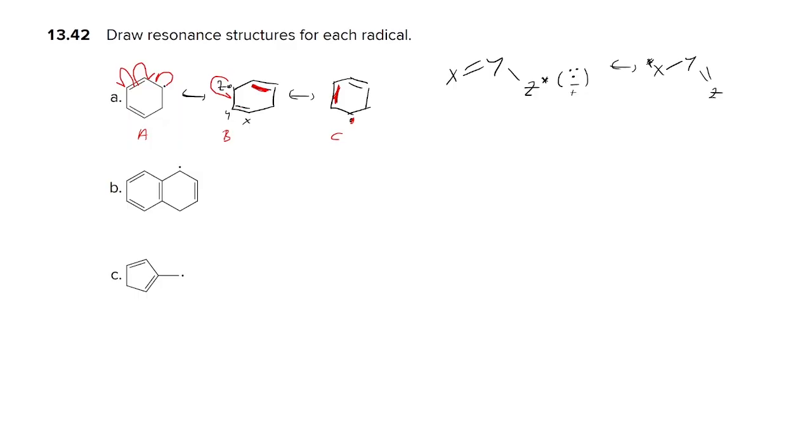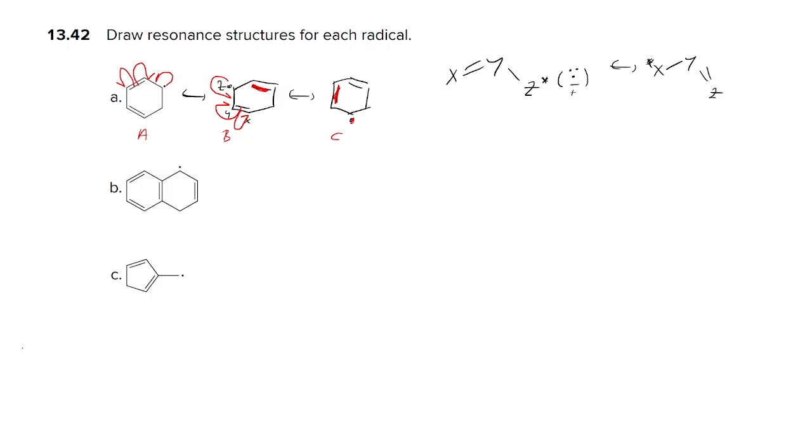So one of the pi bond electrons should move there to make the pi bond, and the other electron of the pi bond should move onto the carbon as an unpaired electron. So by using these curved arrows, not full-headed arrows but fishhook-type arrows, we can write resonance structures for radicals. Let's do the same for option B.